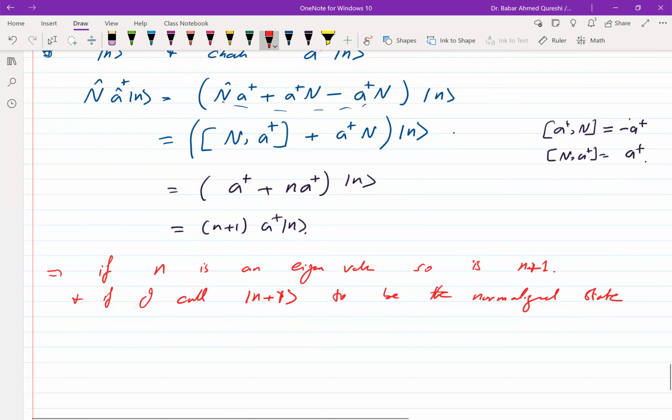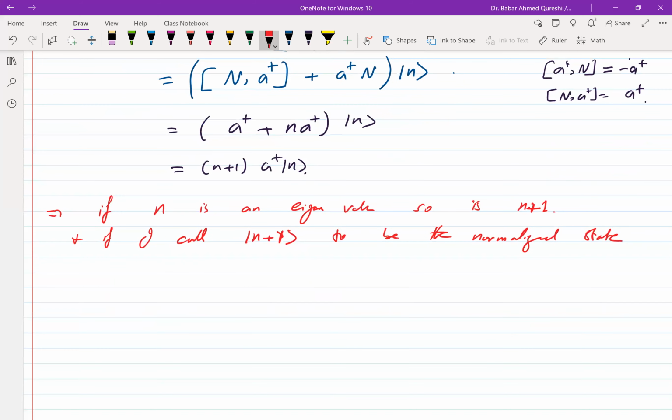Then a dagger acting on n gives me a multiple of this normalized state. Let's call it some other constant, Cn plus 1.